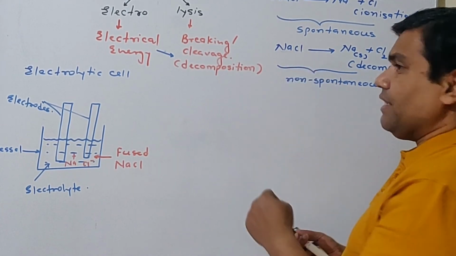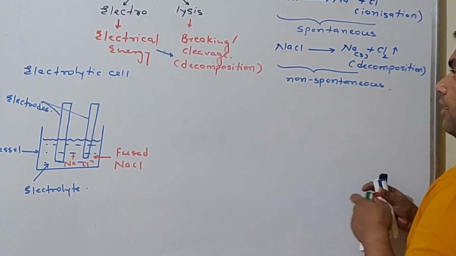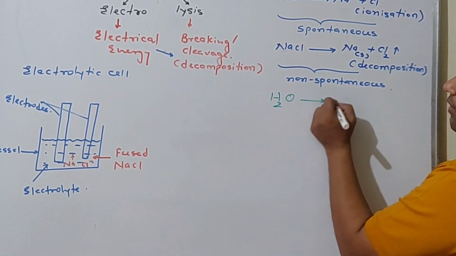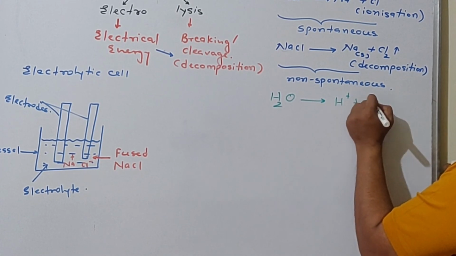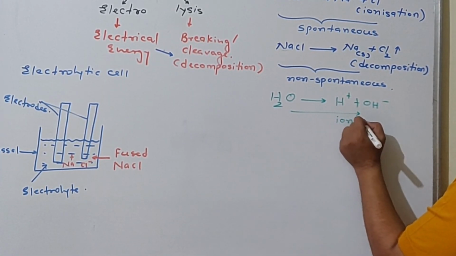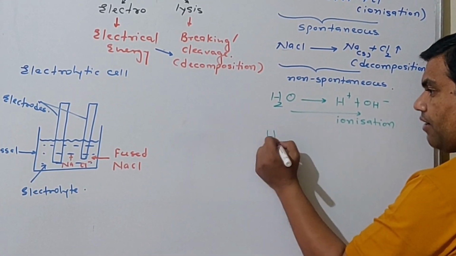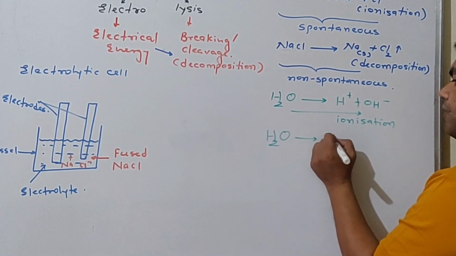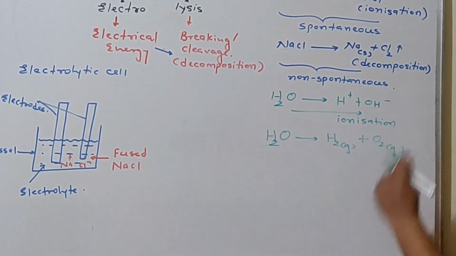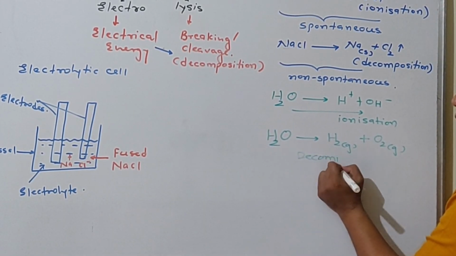Let us take one more example. If I have H2O, and this H2O gets converted into H+ and OH-, this is ionization. However, if I prepare H2 gas and O2 gas from this H2O, then this has to be decomposition.